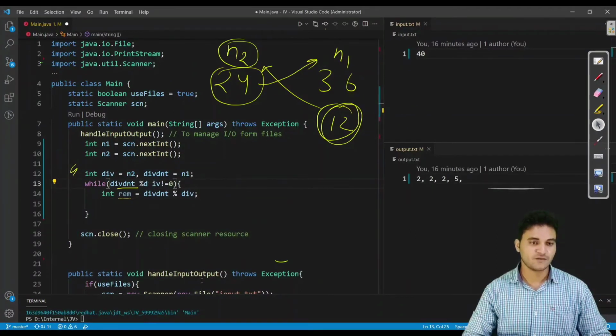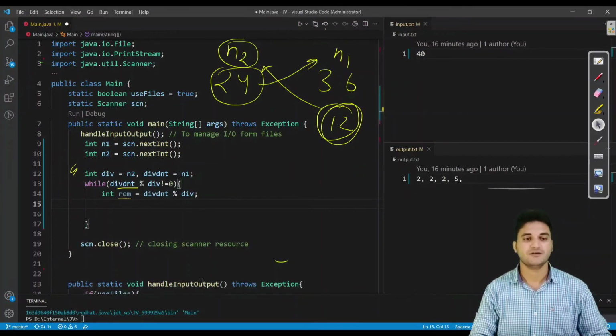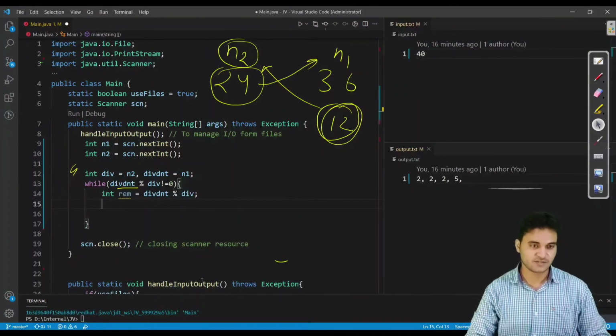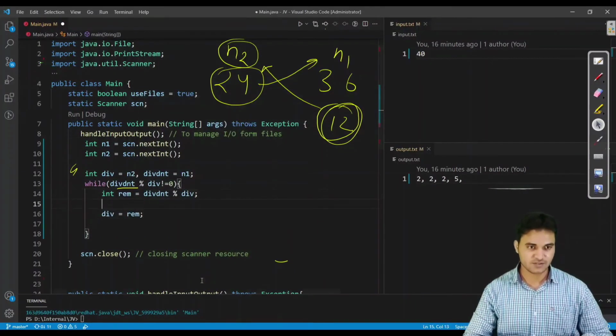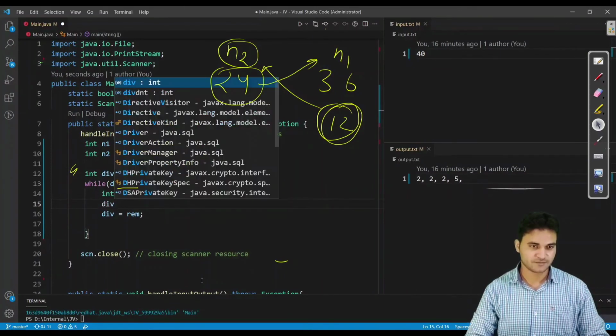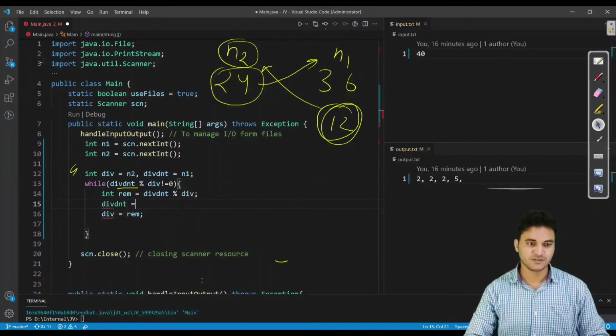Now we have got our remainder into the remainder variable. So now the current remainder would be the divisor, and the previous divisor would be the dividend.